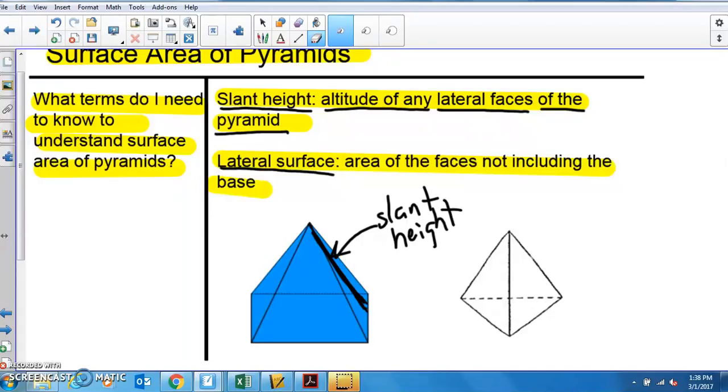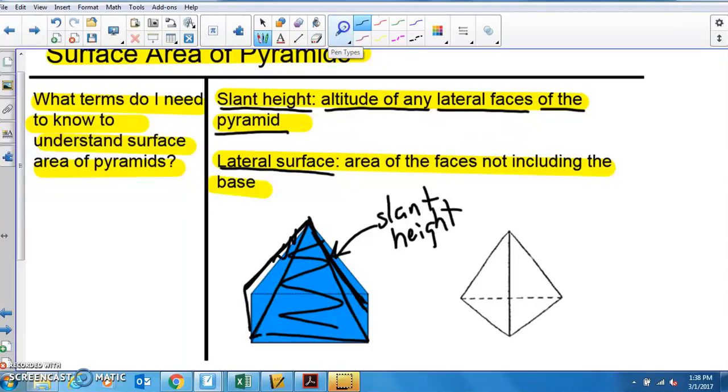Now the lateral surface represents the area of all the other faces. So this front side, that triangular side going at the top, it would be the area of that side. It would be the area of this left side. So this triangular side, it would be that area.